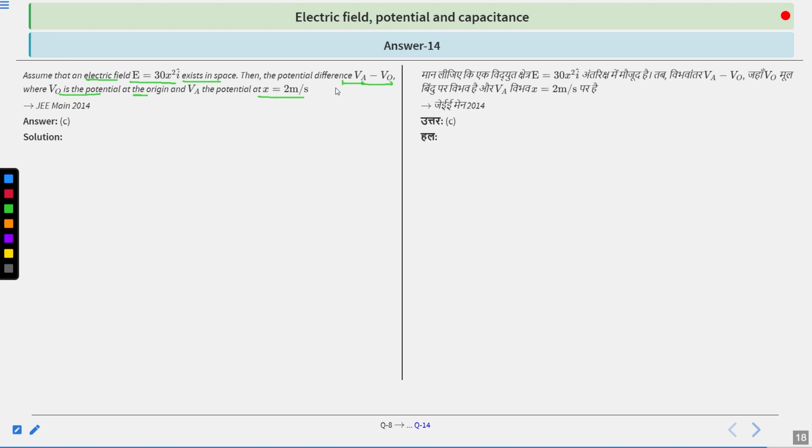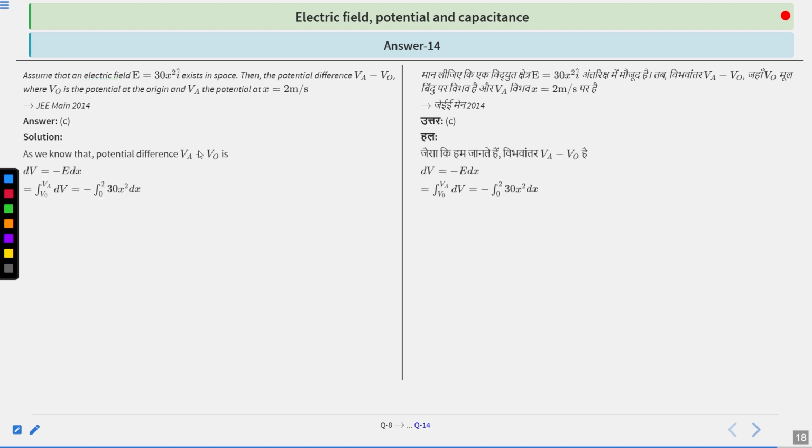We know the relation between E and V, and that relation is dV is equal to minus E dx.